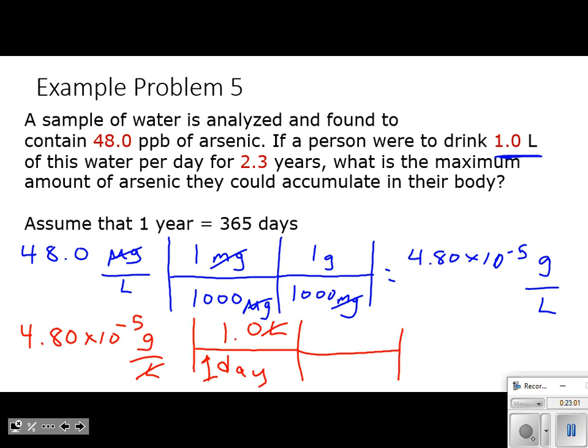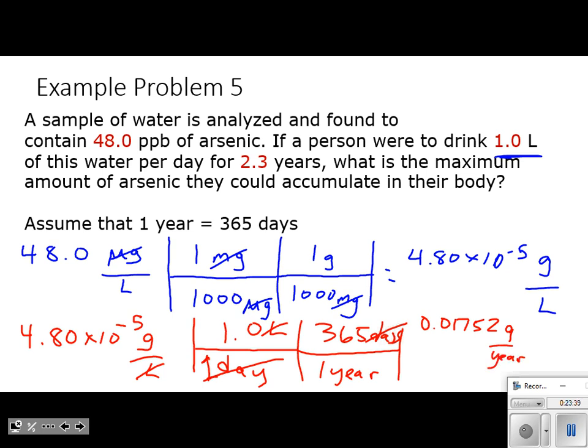So if I have 1 year, that's 365 days. So now, if I multiply that by 365, which I will do, it tells me that I have a value of 0.01752, and that's going to be grams per year.